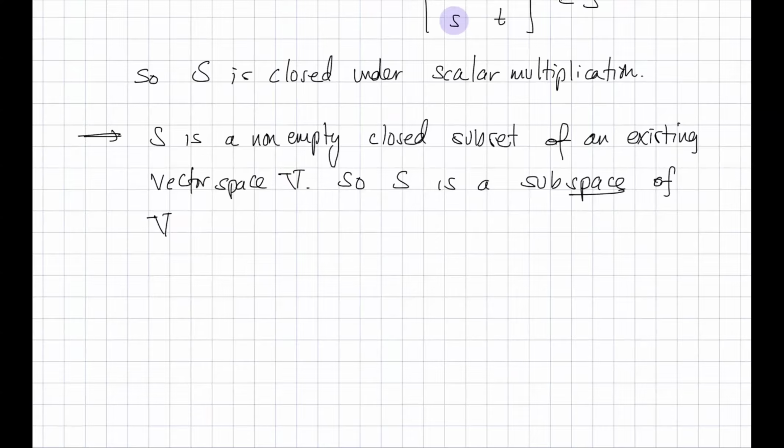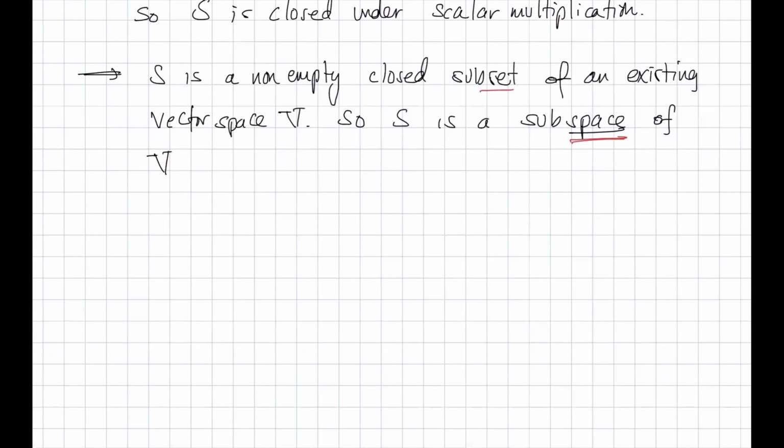I started off with a non-empty closed subset, and then I jumped it up in status to subspace because of the closure and the inheritance of its parent space. And then the final statement in this proof, because it's a subspace, so S is a vector space in its own right.